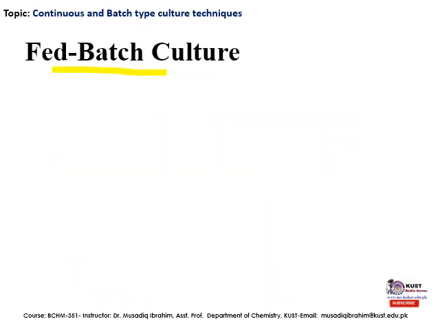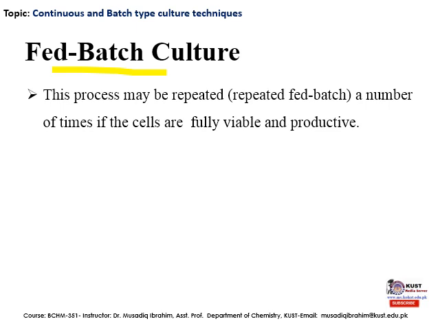Now, in case of the fed batch culture, the process may be repeated, which is also known as repeated fed batch, a number of times if the cells are fully viable or active and productive as well. So it means that at the end of the first run of the fed batch culture, some of the harvesting is carried out.